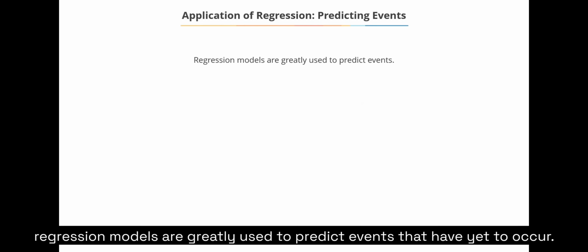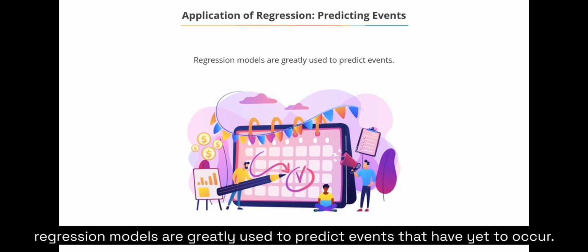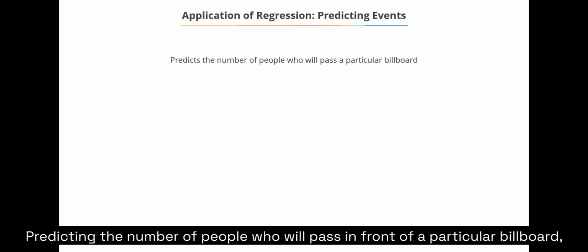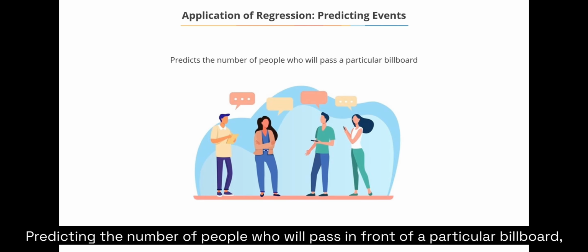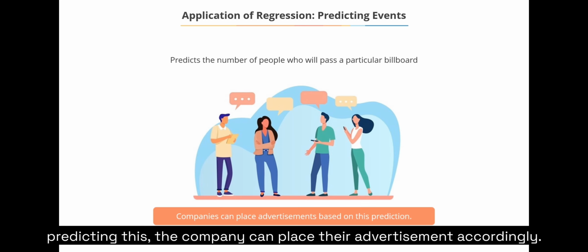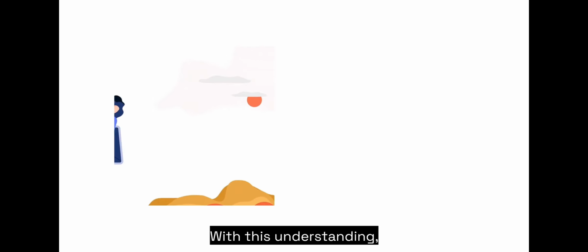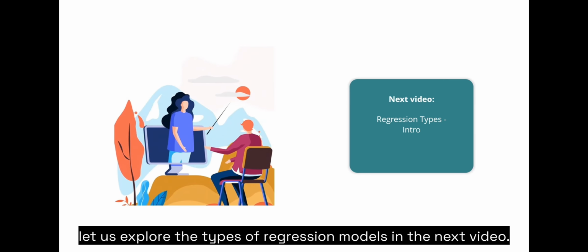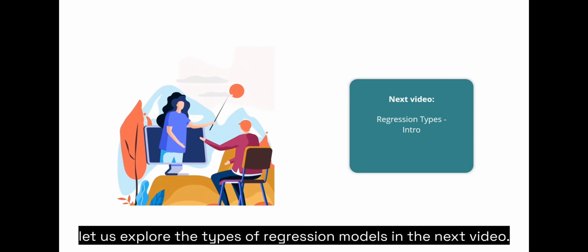Regression models are greatly used to predict events that have yet to occur. Predicting the number of people who will pass in front of a particular billboard, the company can place their advertisement accordingly. With this understanding, let us explore the types of regression models in the next video.